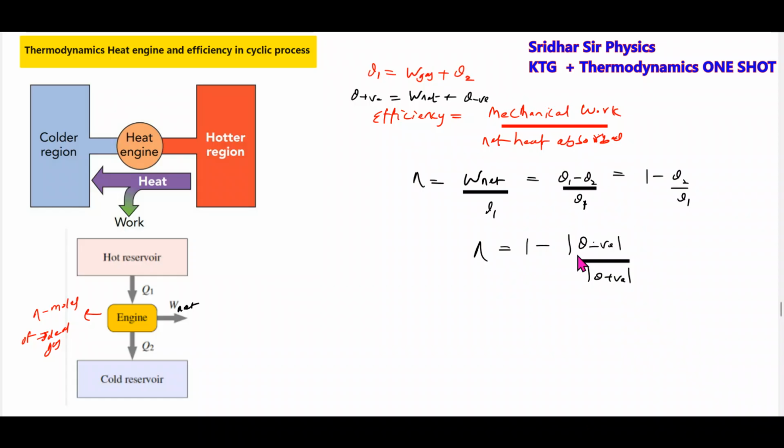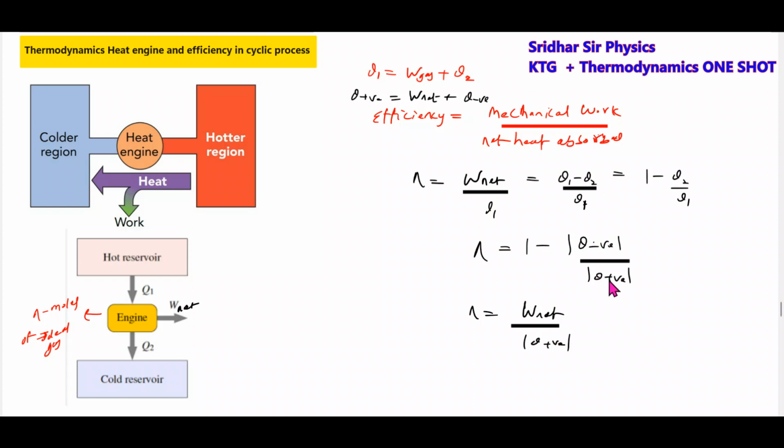Why mod? Because heat rejected will be negative, no? So therefore we are using this formula, or else you can go for the other one, net work by net heat absorbed. Either of the formulas you can use.